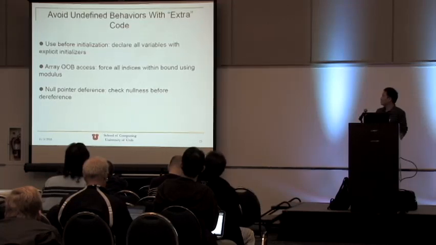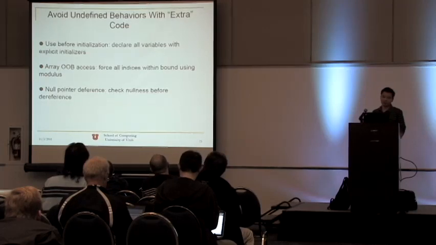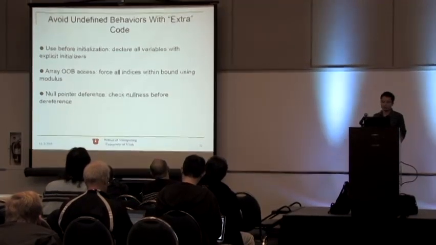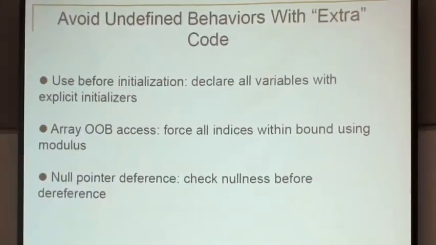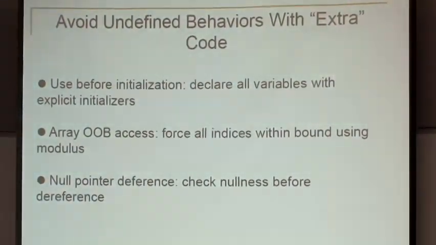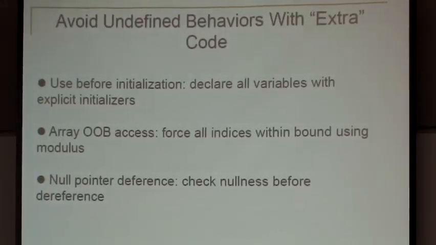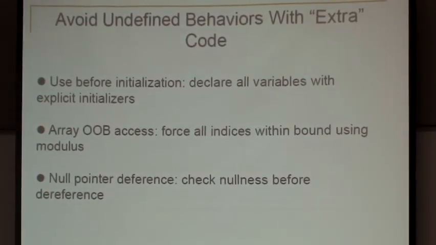It turns out we can avoid some of the undefined behaviors with extra code in the random program. For the use before initialization problem, we can declare all variables with an initializer. And for null pointers, we can just check the pointer before dereferencing.